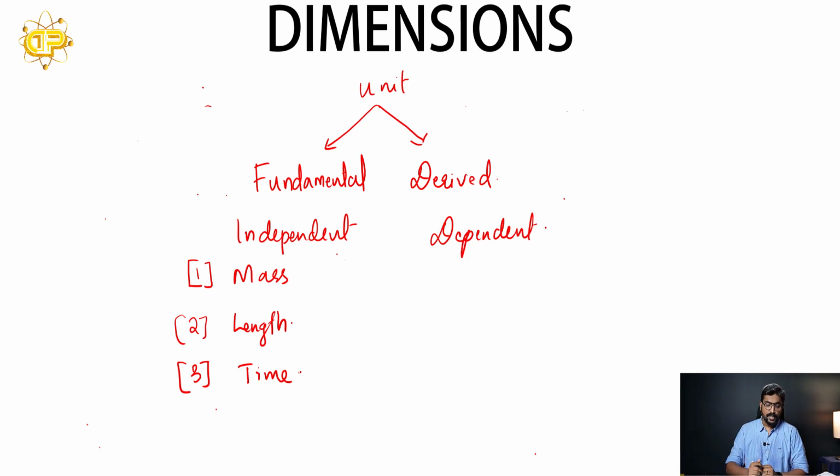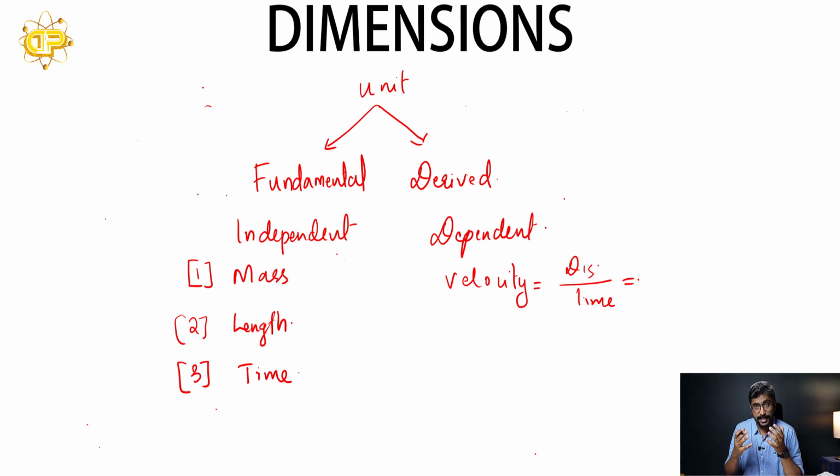So what do you mean by dependent unit, otherwise derived units? Let me give some examples. For example, velocity. You all know what velocity is, from small classes onwards you are studying velocity, right? Velocity is displacement by time. Displacement means the change in position.